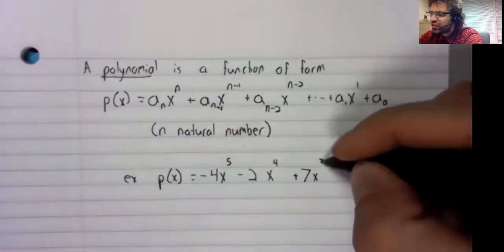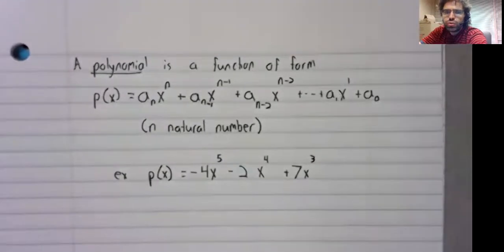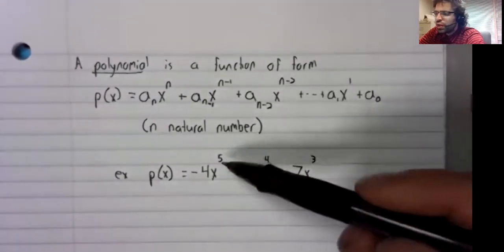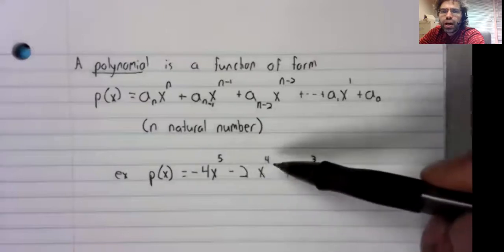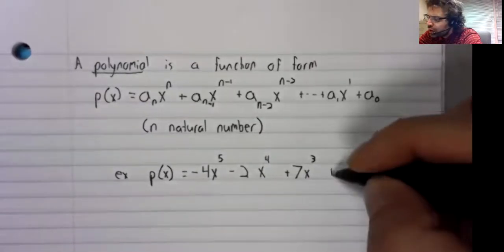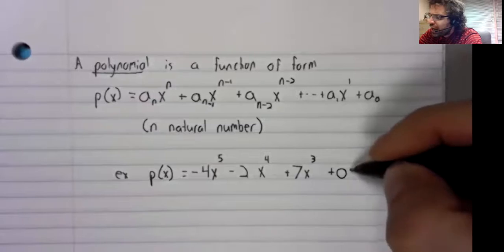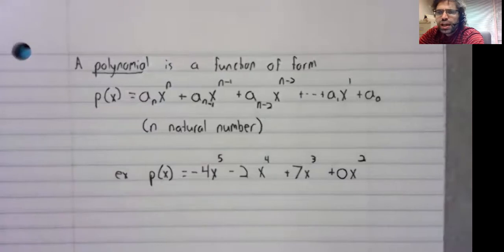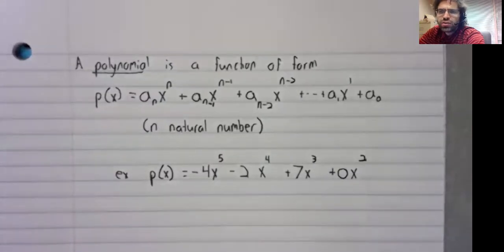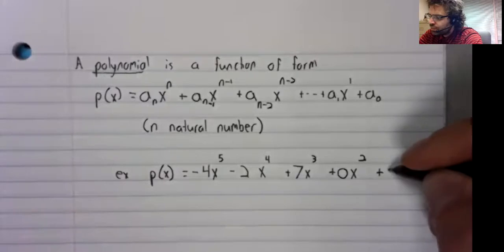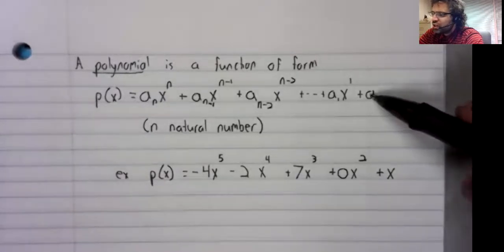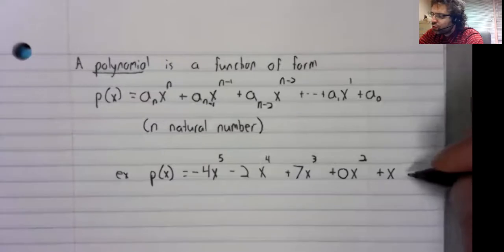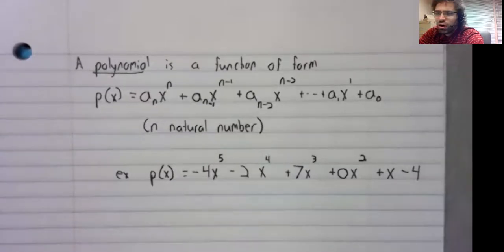So we can have, say, a 7x cubed term. You see, we're just counting down. 5, 4, 3. We might not have all these terms. Maybe we have a 0x squared term plus x, and this a sub 0 is a constant number without any x attached to it.